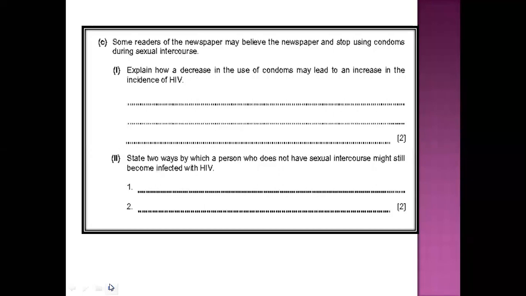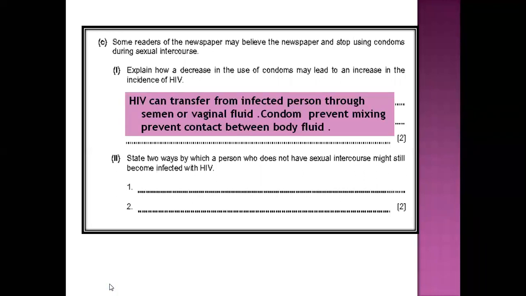But condoms stop the contact between your body fluids. That's why if there is no use of condoms, the incidence of HIV will increase. More people will have unprotected sex, and because of that, the chances of HIV disease will increase. You can study it, please.